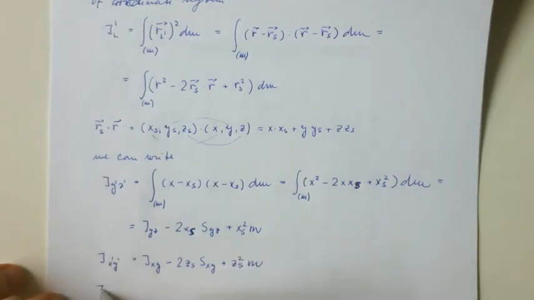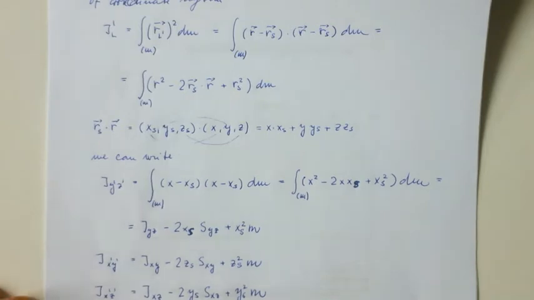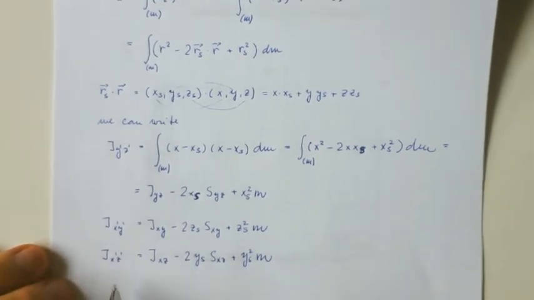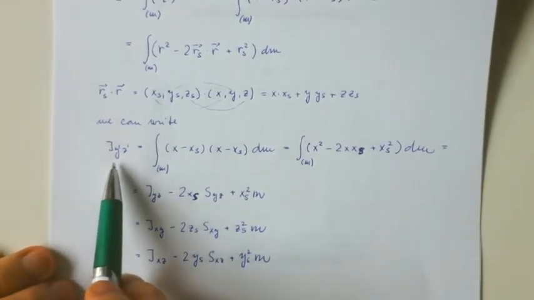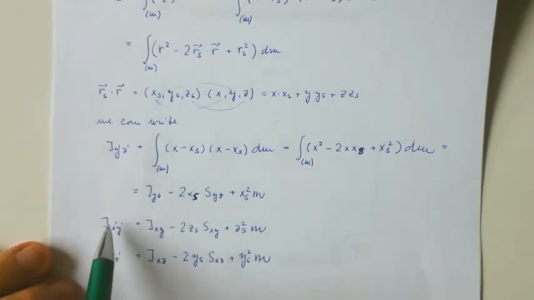And finally the last value is Jxz prime, so it must be Jxz for the original coordinate system minus 2 ys Sxz plus ys square m. So by this approach we got moments of inertia with respect to the planes of the new coordinate system.